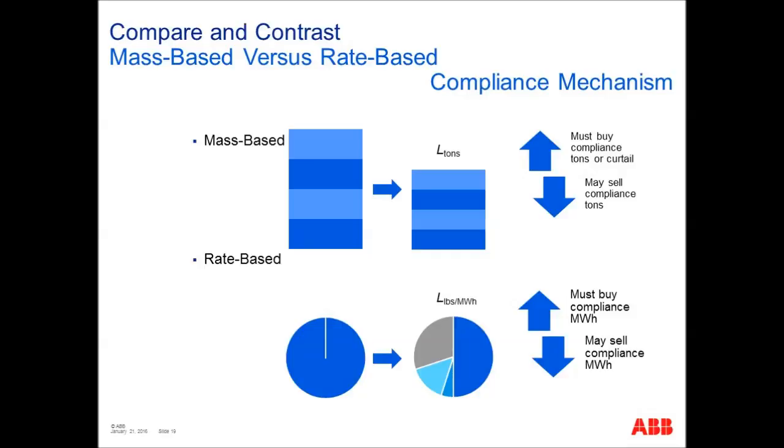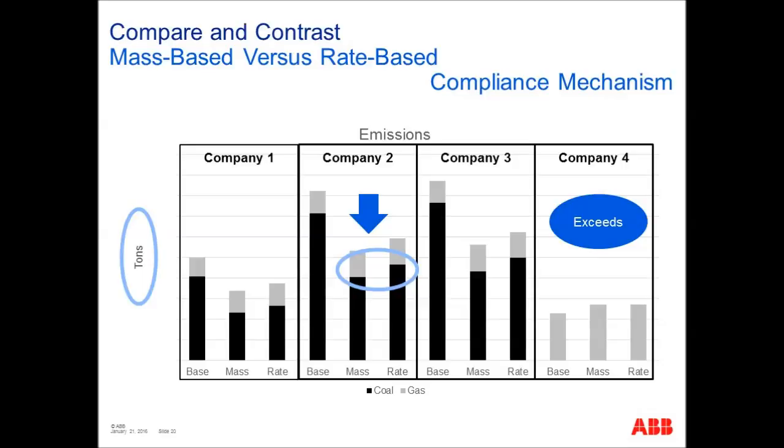And of course, if we are over our intensity, we will have to buy compliance megawatt hours to put into our denominator. And if we're under intensity, then we may sell compliance megawatt hours into the market. So with that compliance mechanism, let's take a look at a fictional system that I developed.